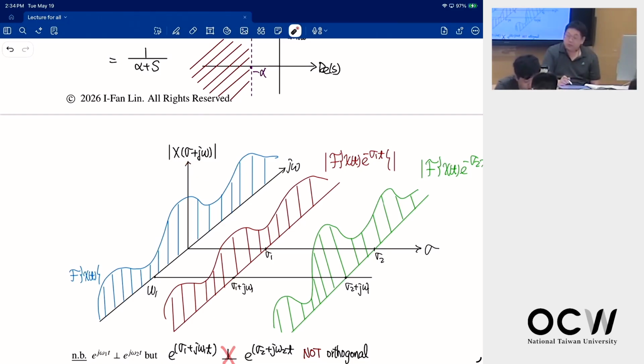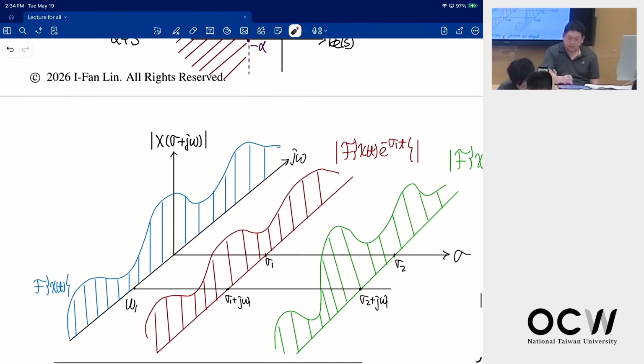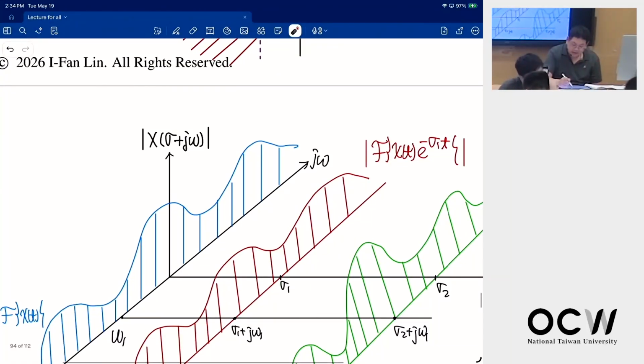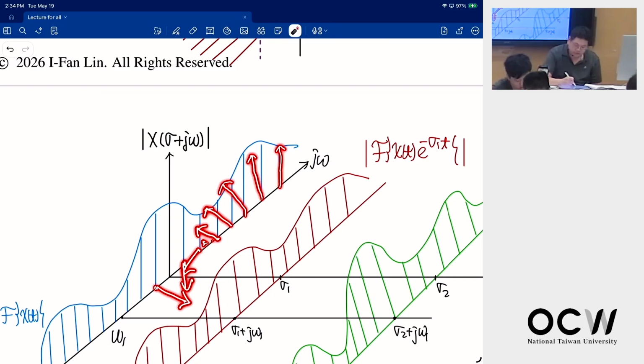Remember that for the Fourier transform, we have magnitude and also the phase. But phase is hard to plot. You can see that for the first one and second one, I have an angle, and this is going down, going down.